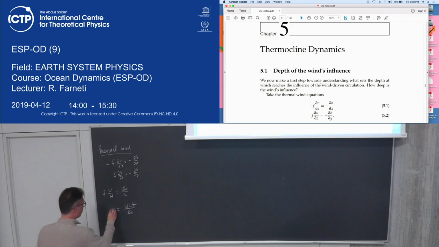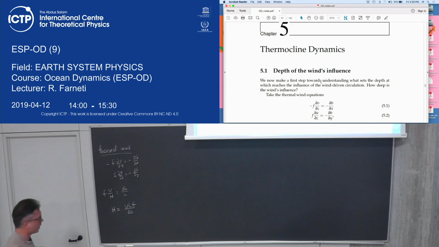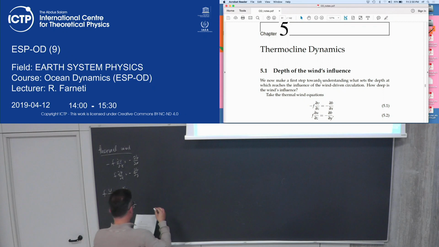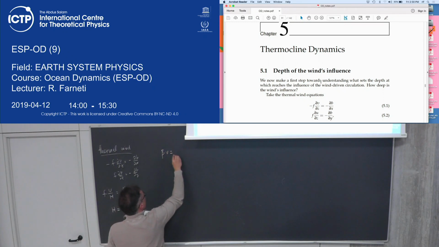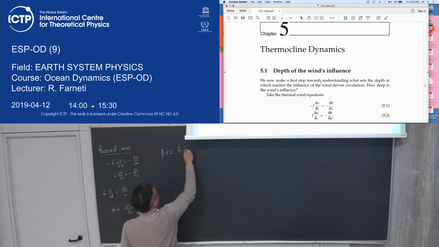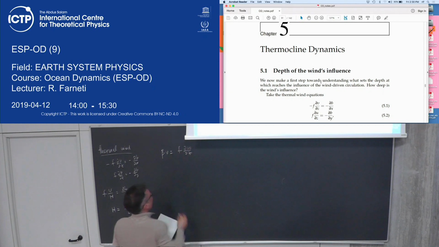So now we want to relate this vertical scale H to the Ekman pumping. Because we know that in the wind-driven gyres we're going to have a vertical velocity related to Ekman pumping, right? So a vertical Ekman pumping velocity. In order to do that, we go back to the linear geostrophic vorticity equation, beta v equals f dw/dz, where the w there, the vertical velocity, is the Ekman vertical velocity, right?